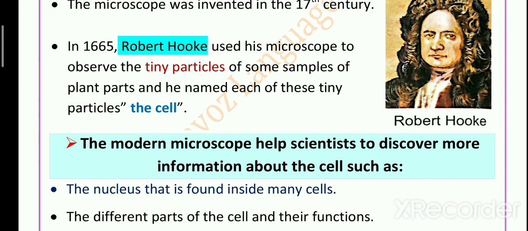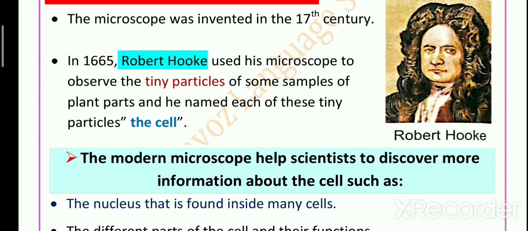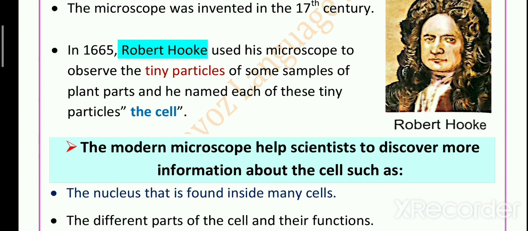Why? To observe the tiny particles of some samples of plant parts. Who can tell me what the tiny particles of some samples of plant parts are? Right, the cell. So Robert Hooke named each of these tiny particles the cell.